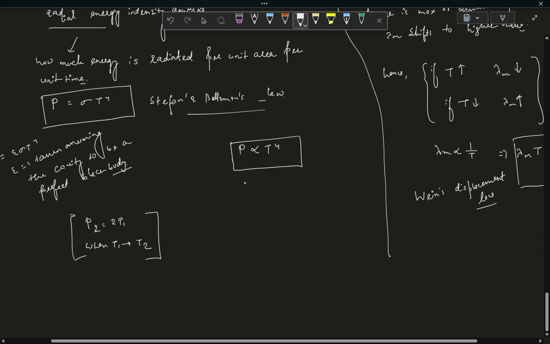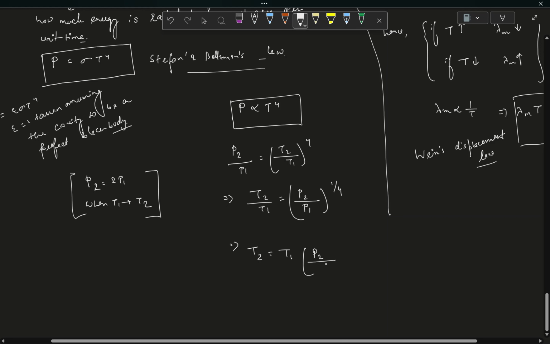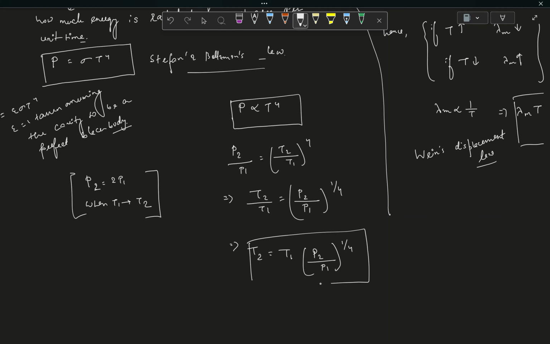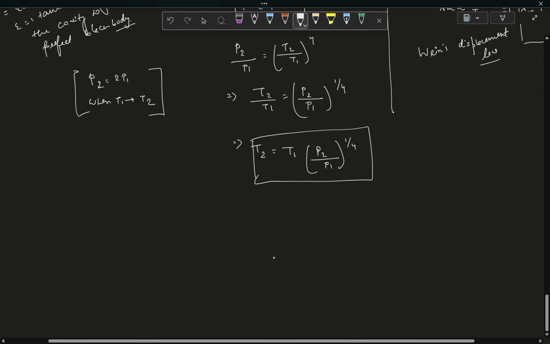Then how will that change the temperature value exactly? So by this form, P2 by P1 is equal to T2 by T1 whole to the power of 4. So T2 by T1 will be P2 by P1 to the power 1 by 4, or T2 equal to T1 times P2 by P1 to the power of 1 by 4.